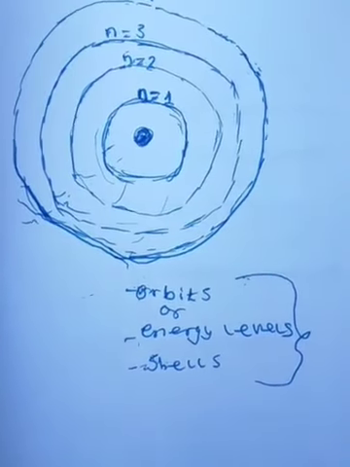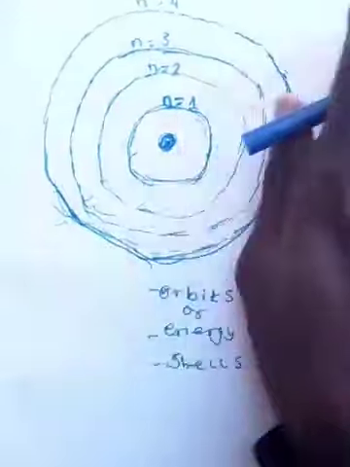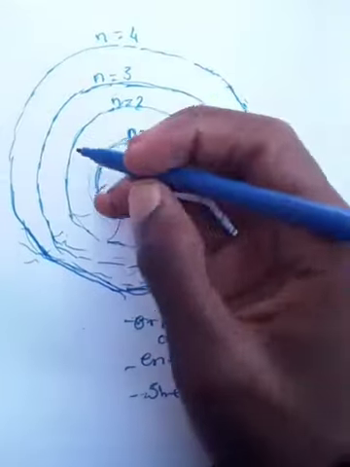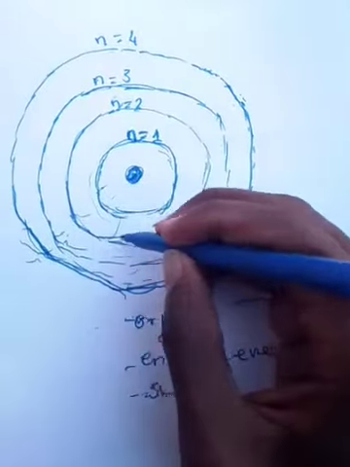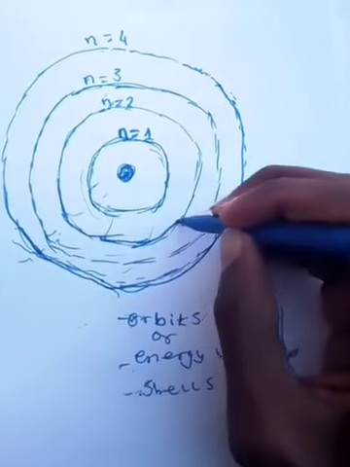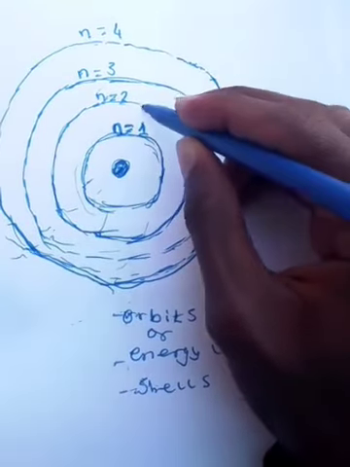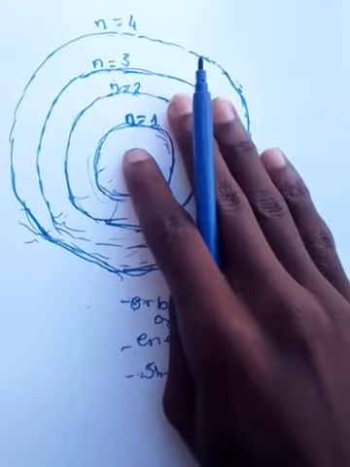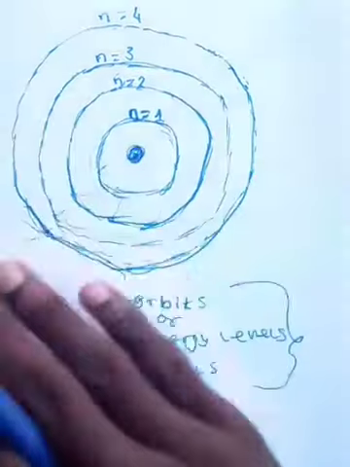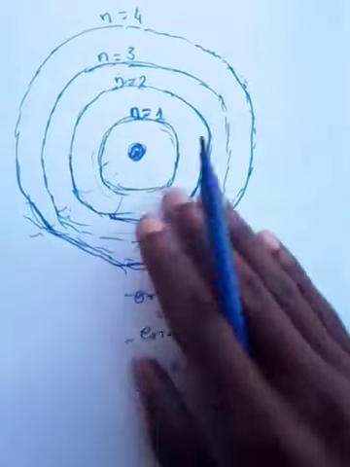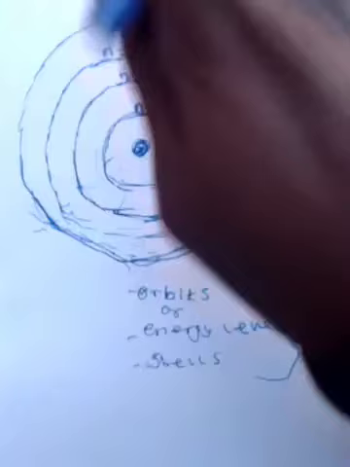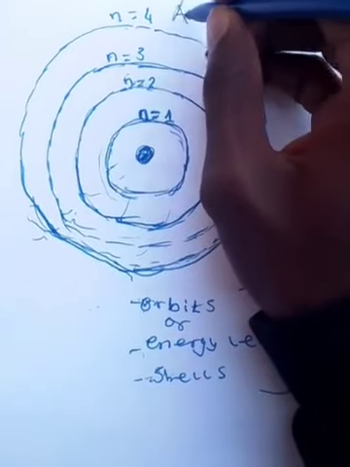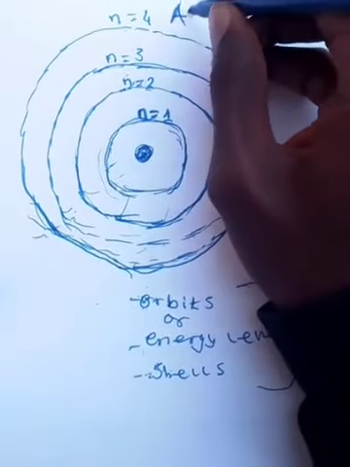In the energy levels is where you're going to find the electrons. Now, how are the electrons distributed? How are they oriented in the atom? This is an atom, right? According to Bohr's model, this is an atom.